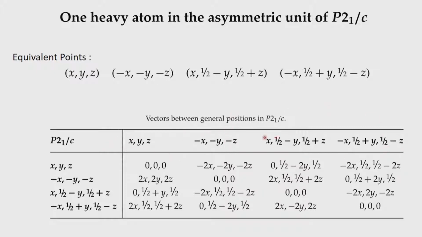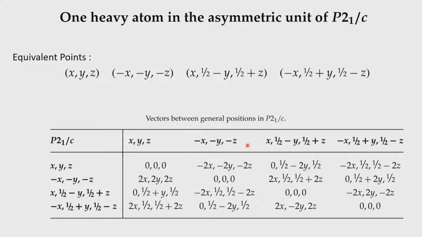So, there is a relationship between these 4 which tells us the presence of 2 1 as well as the C glide perpendicular to the 2 1 axis. How does it reflect on the Patterson vectors? This is where the beauty of Harker sections and Harker lines come up, because using this we get a unique solution for the heavy atom position in P21 upon C.